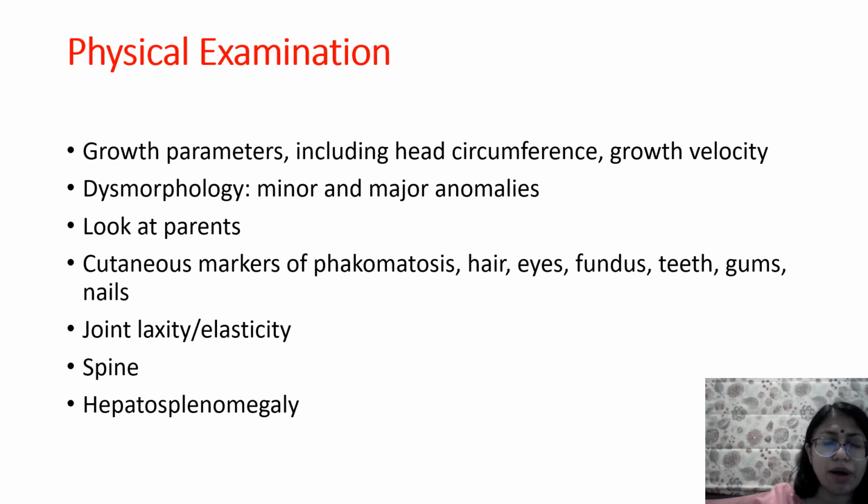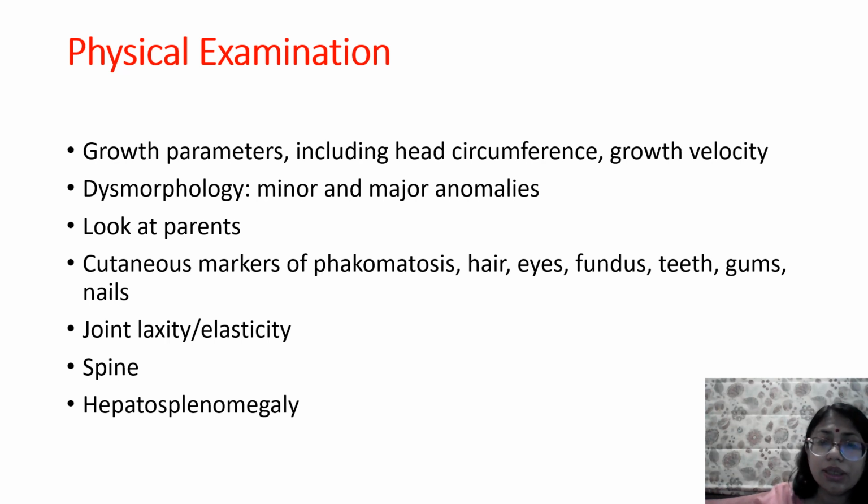Then cutaneous markers of phakomatosis like ash leaf macules, cafe au lait spots, shagreen patches. Then hair for any hyperpigmentation or any kinkiness. Then eyes for cataract, fundus examination for cherry red spots, retinitis pigmentosa.